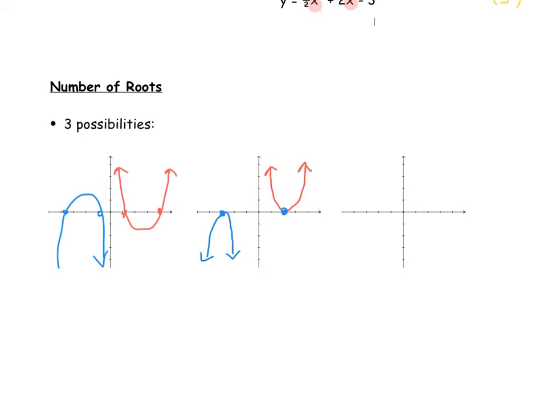Now there's a third possibility, so take a minute to think about what that might look like. What I'm hoping that you're thinking about is the fact that I could have a parabola that has no roots, that doesn't cross the x-axis at any point. We've seen that with our translated parabolas, that they can end up in positions where there are no roots.